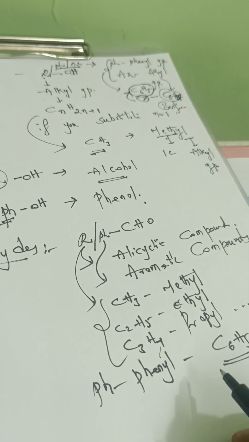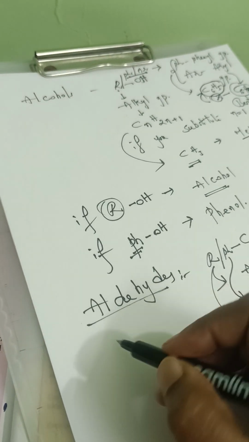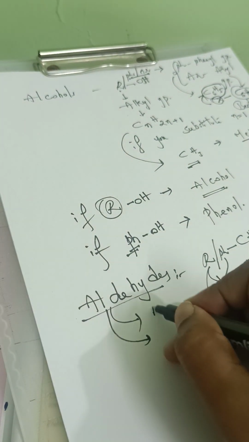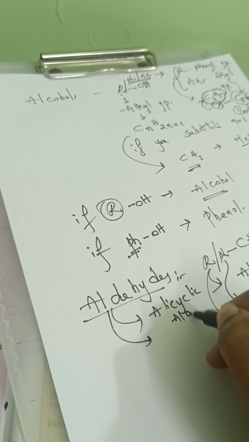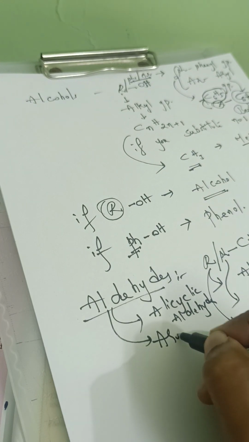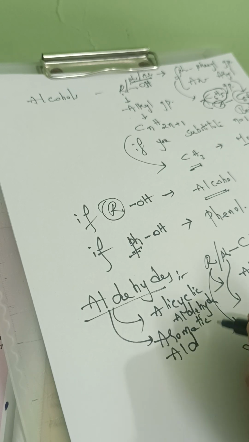Okay. So now in these aldehydes also, you can have two types of aldehydes. One is alicyclic aldehydes. The other one is aromatic aldehydes.